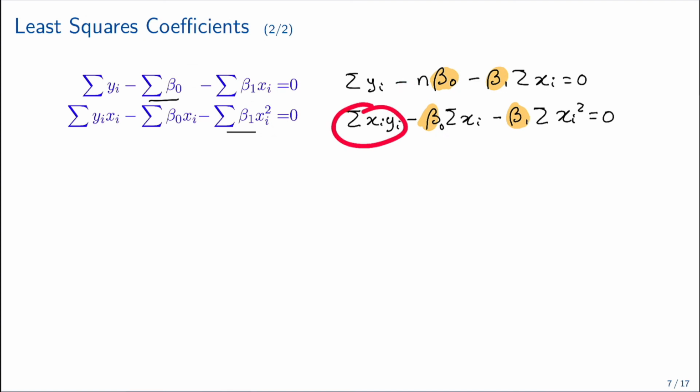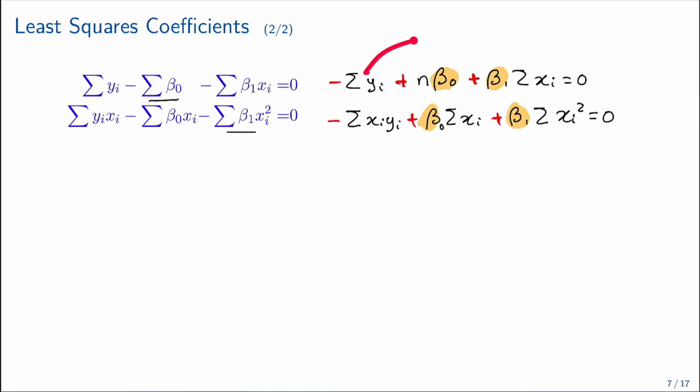So this term is going to be moved, positive, out to the right hand side, and everything else keeps the sign on the left hand side. So let me do it. Let's multiply all the terms by -1. So we have minus, plus, plus. The second equation we have minus, plus, plus.